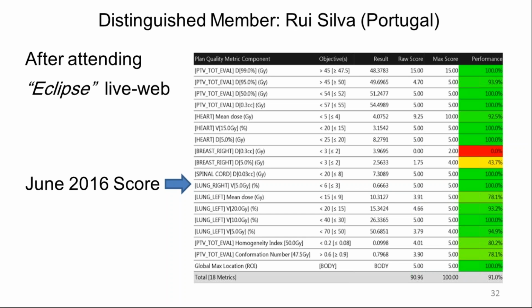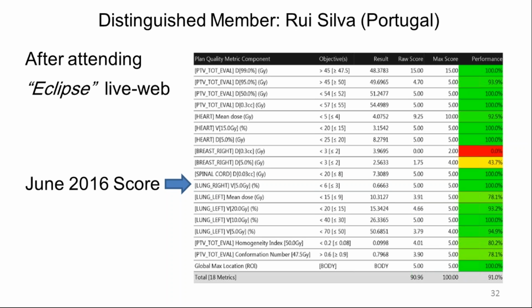Then after one or two days, he used the same methodology that another planner used in Eclipse when it comes to arc geometry. He used exactly that Eclipse plan's field geometry and implemented it in his Monaco plan.